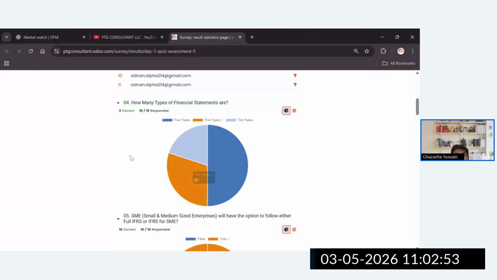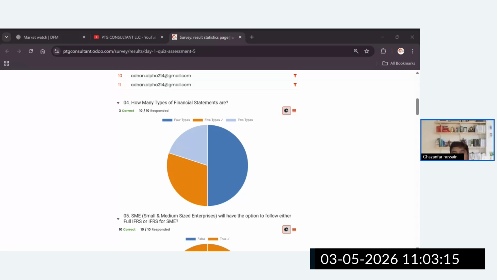What was the number of types that we saw in the last session? Let's quickly refresh the types of financial statements. I'm not sure, maybe the participants were not focusing on that. This is very important, whether we are from an accounting background or a non-accounting background.